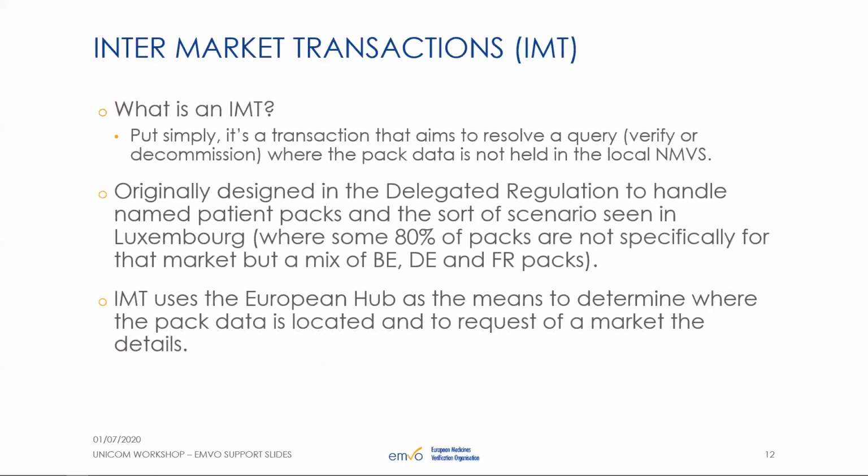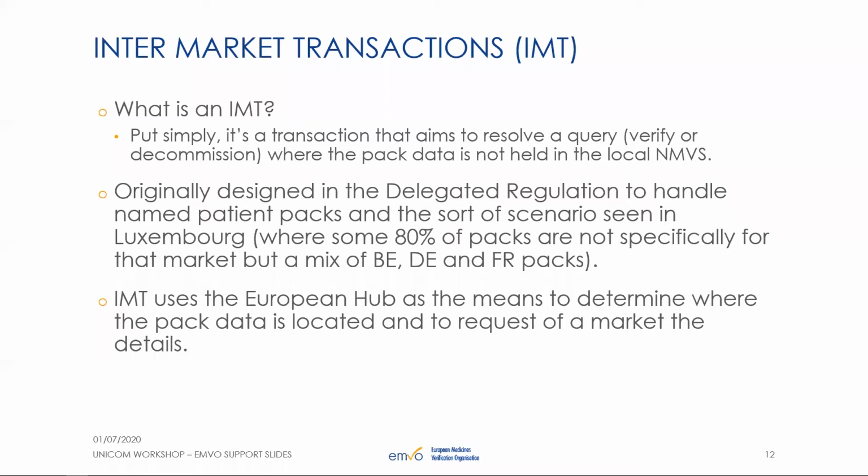So IMT is basically a query from a system to decommission or verify a pack where the data is not in the national medicine verification system. When we at GSK load data in EMVS, we load all data in the European hub, saying these data are for Spain or for France or for Italy.